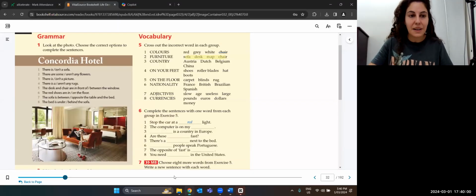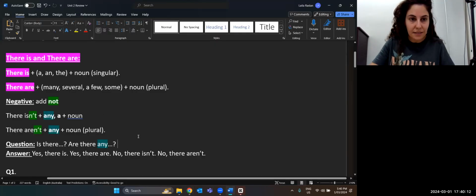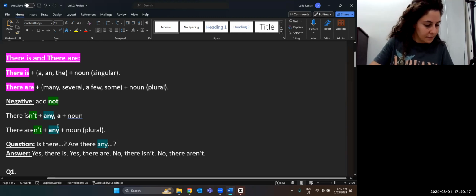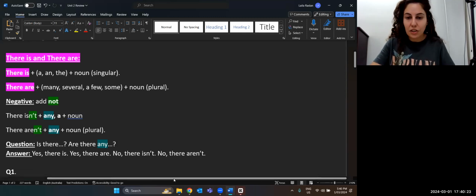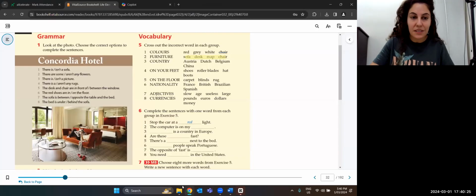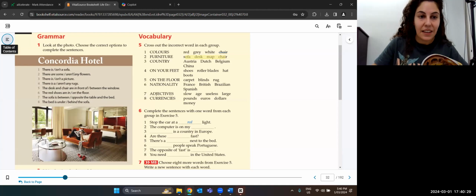So if I go back to my sentence, there are some, aren't any. So it looks like I need a negative. Because we know we use it as a negative, but any is connected to aren't any. So it could be there aren't any flowers. So that's the only way that I use any, if it's a negative.